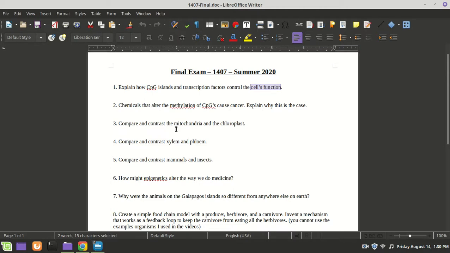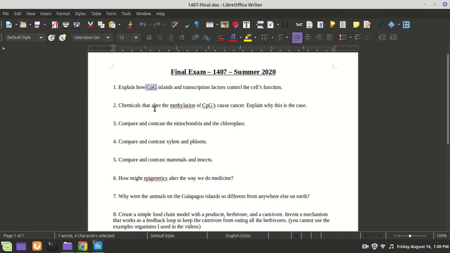Going on to number 2, chemicals that alter methylation. That means back to here, how these two are related. They cause cancer, we've already discussed that. Maybe a sentence or two on why that is the case, which is related to number 1. So a sentence or two on when you alter that, why does cancer occur?